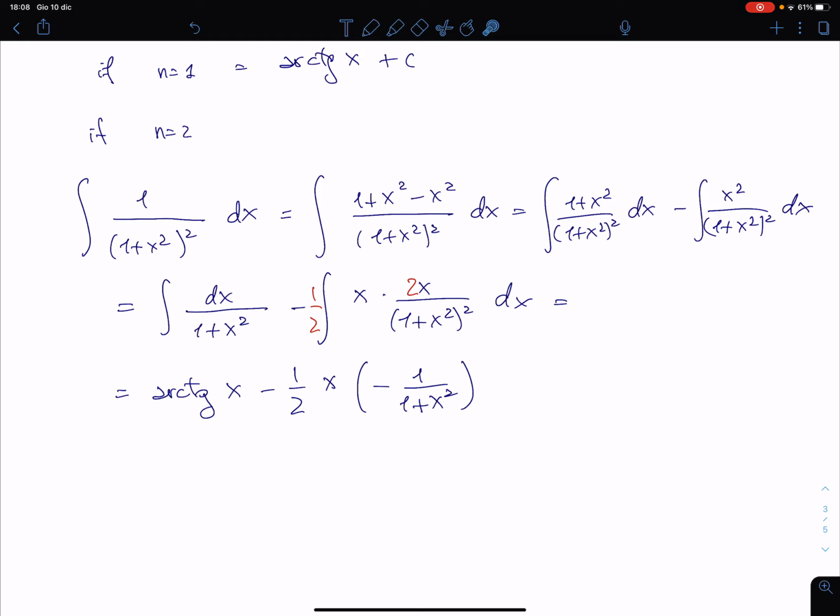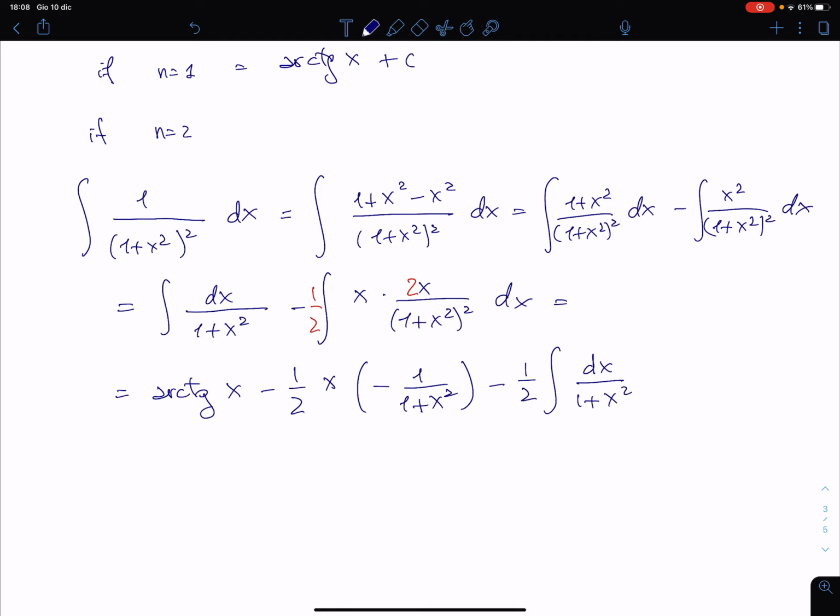Then here you have minus, minus, plus. Then here, when you integrate by parts, you have to have the other sign. So minus 1/2. This time you differentiate x, so you don't have anything here, and you remain with dx divided by 1 plus x squared. And so it is solved.